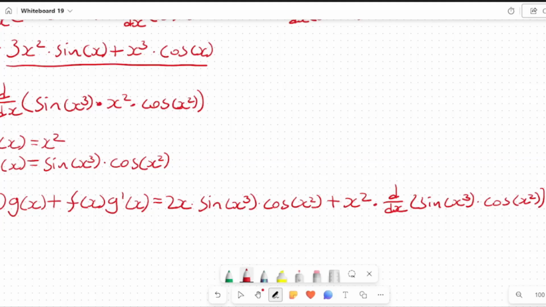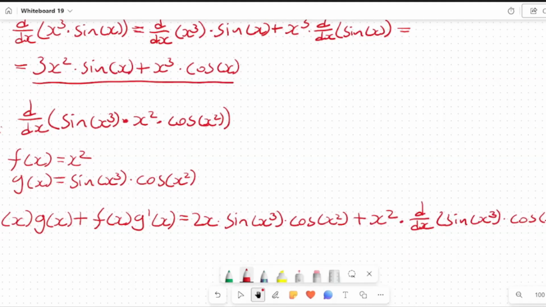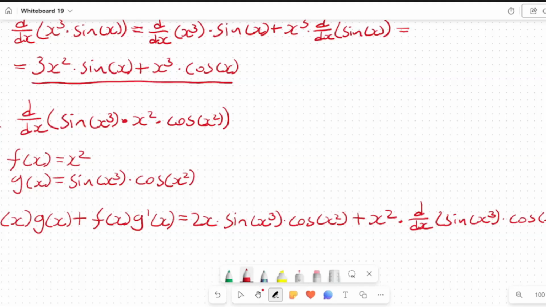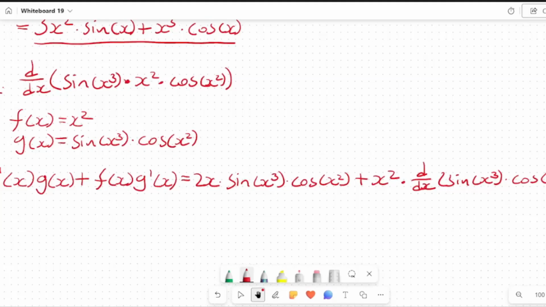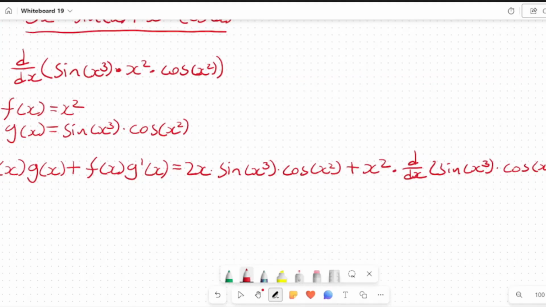So now, as you can see, we have just a derivative with two terms. So what we essentially can do is just use our product rule again to solve for this derivative. And what we need to do now is to also use our chain rule that I introduced sometime early on in this video.